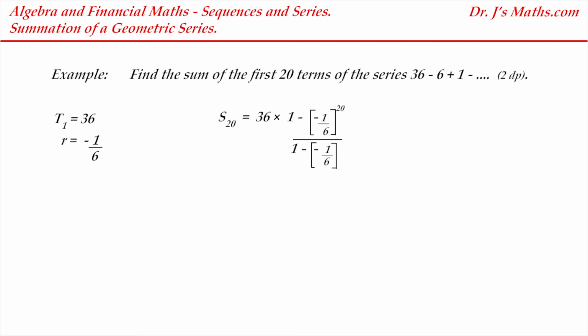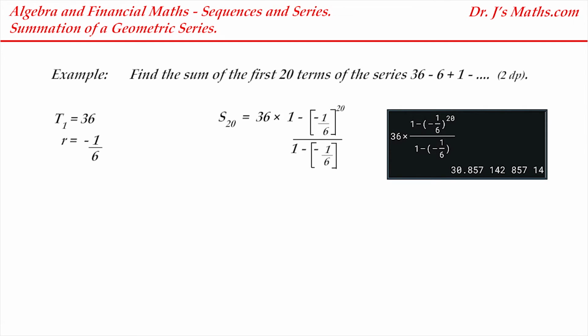Sum of 20 terms is equal to the first term, 36, times 1 minus the common ratio, which is minus a sixth. So we'll put it in brackets, all raised to the 20 because that's n, divided by 1 minus minus 1/6. Put it into your calculator, as we can see, 30.86.